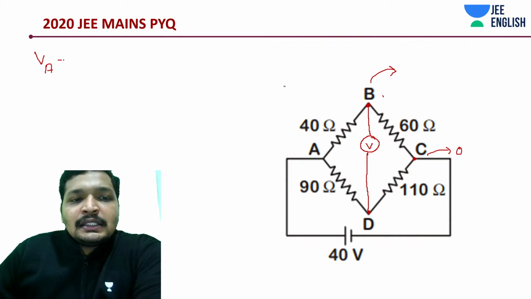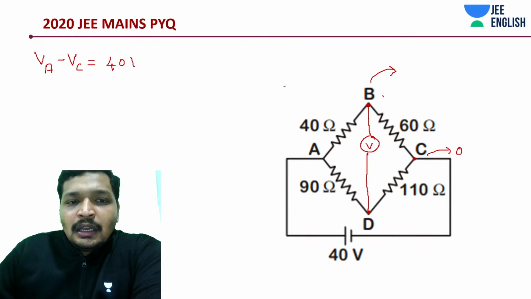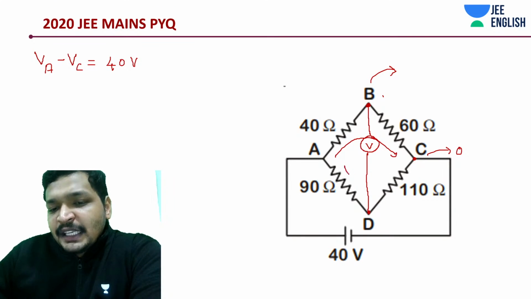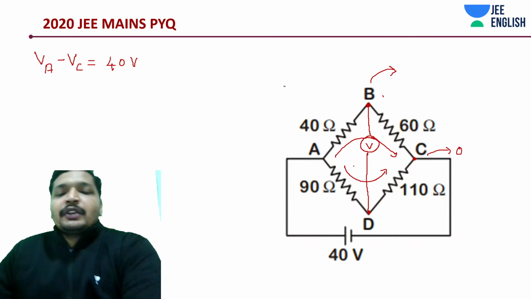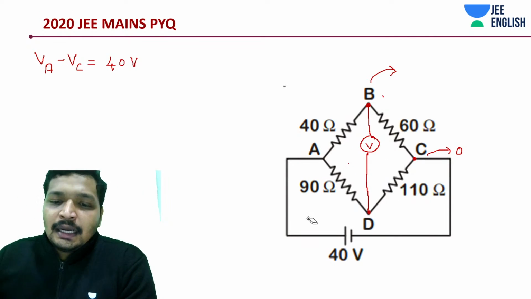VA minus VC, going by nodal analysis, is 40 volts. Be it you go in this direction or in this direction, you're dropping 40 volts. That is the first thing.